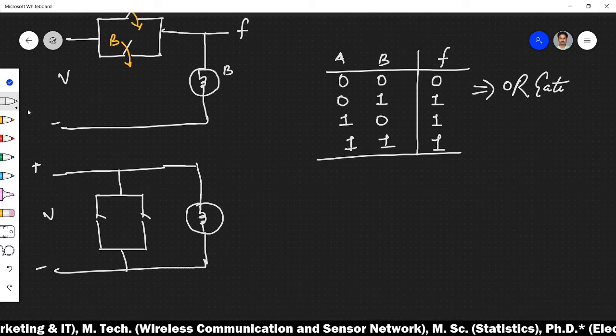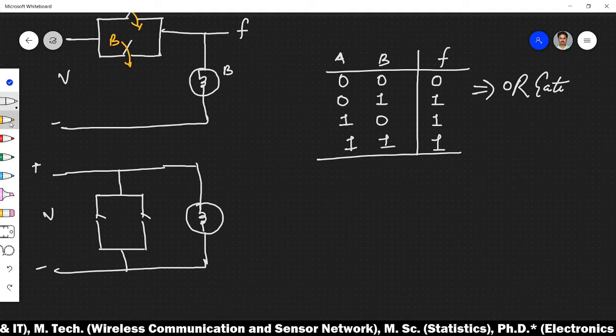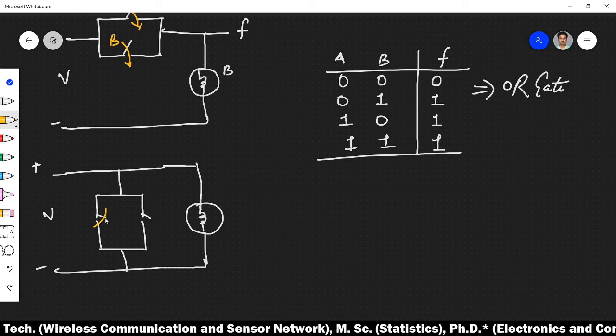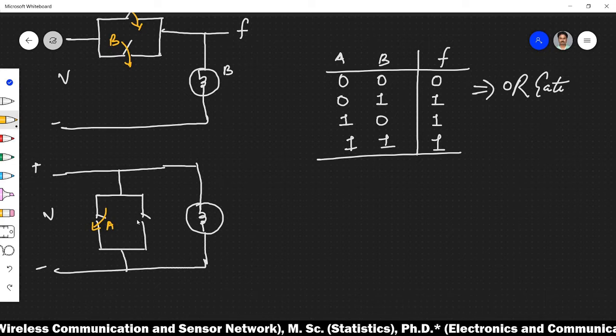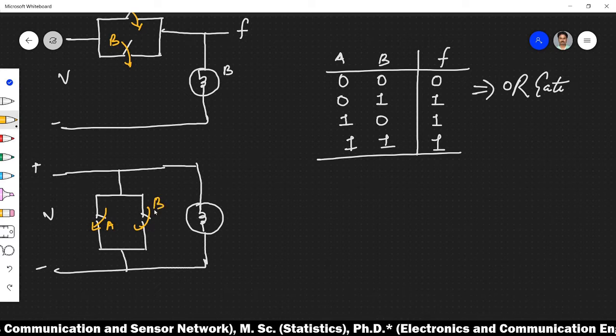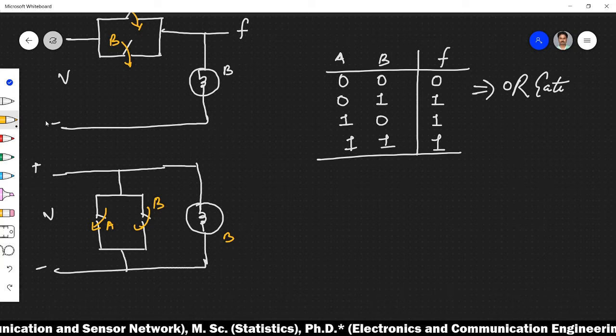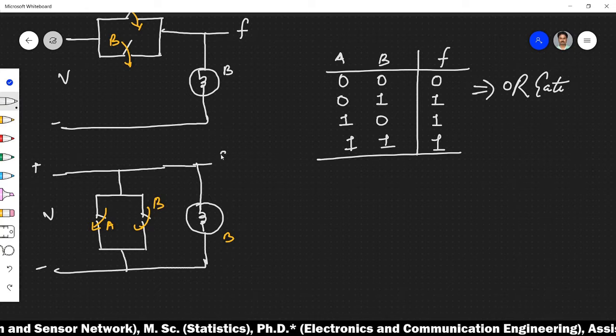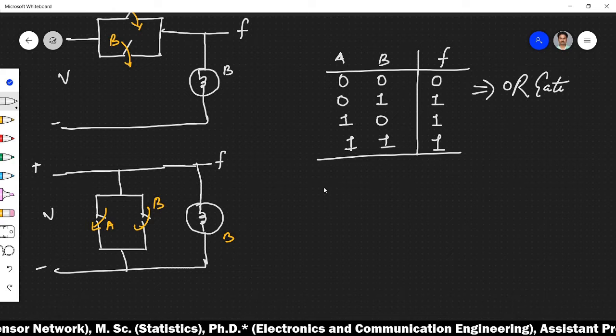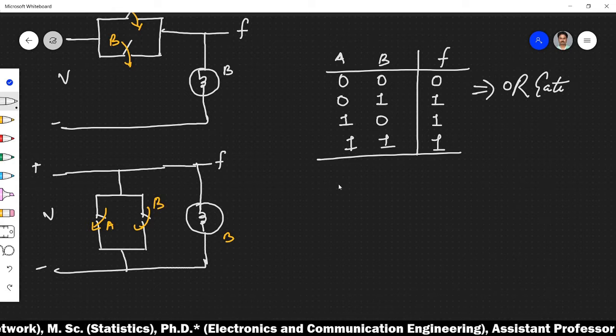This is voltage B, switch A and switch B. This is the bulb, and we are interested to know the output function F, which represents the glow of the bulb.